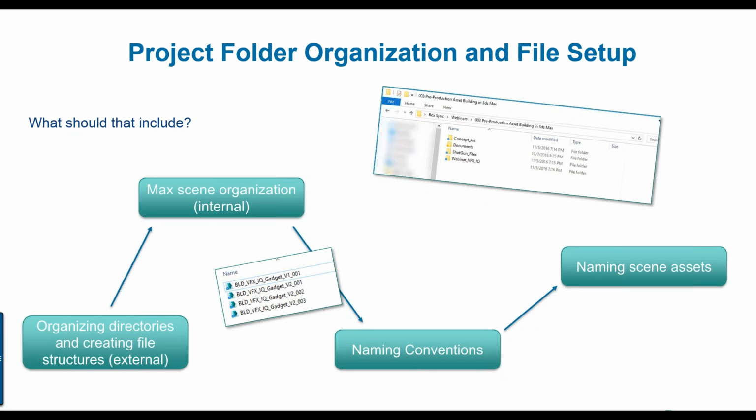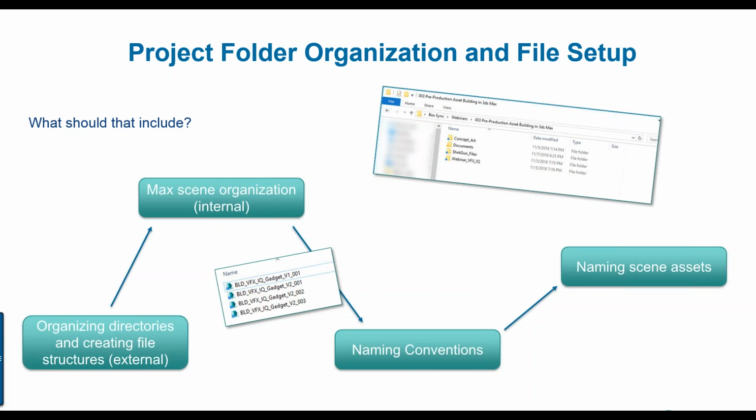And then you definitely want to take a look at naming conventions when you're saving your files, or even when you're naming assets. When you're naming files, you definitely want to include specific information because this is going to be your identifier for what this file is referencing, where it may be located, things of that nature.